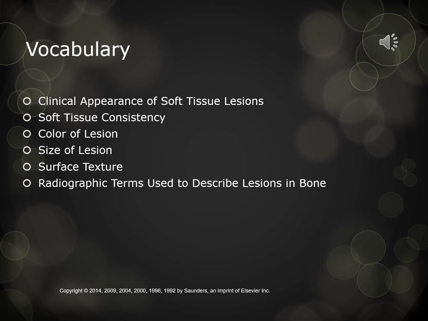Or is it larger than 5 centimeters? Or does it take up the whole side of the face? And what is the surface texture like? Is that going to be smooth and bulbous? Or is it going to be like an ulcer? We'll also be looking at the radiographic terms used to describe the lesions in the bone.